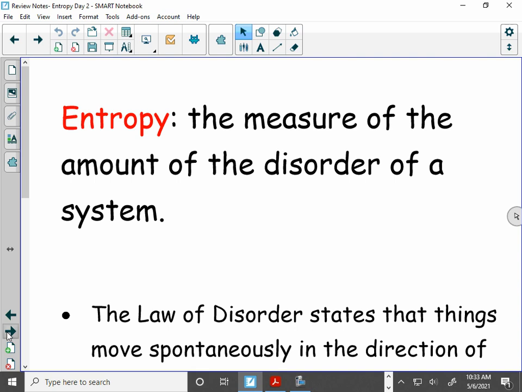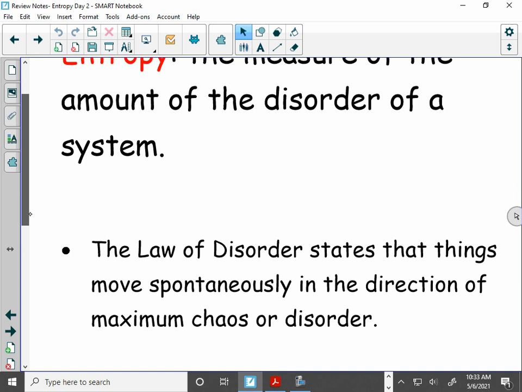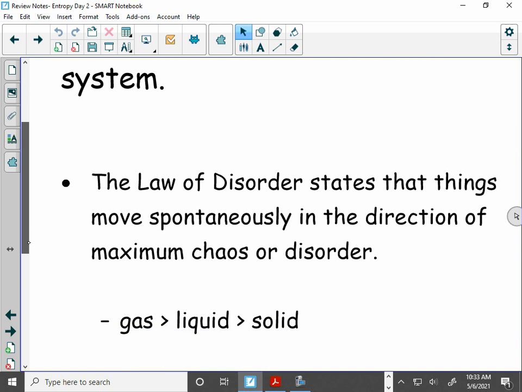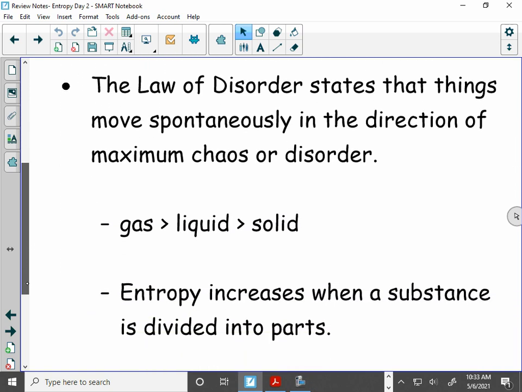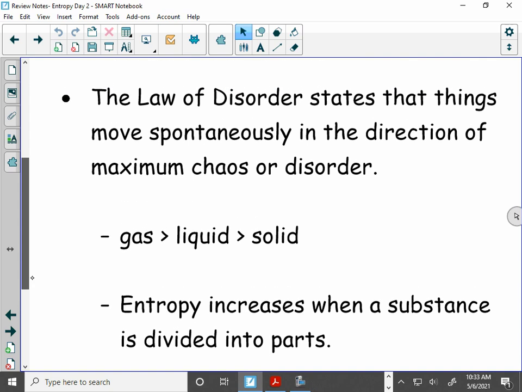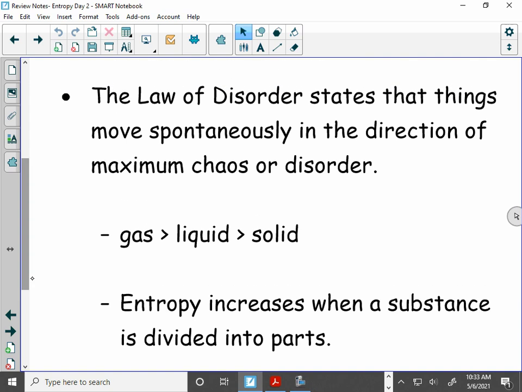Now, the law of disorder states that things want to move spontaneously in the direction of maximum disorder. So when we think about disorder and order in terms of our phases, which one, solid, liquid, gas, do you think has the most order?